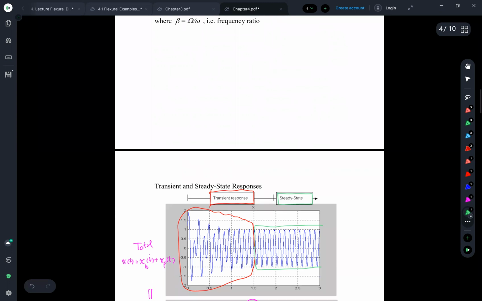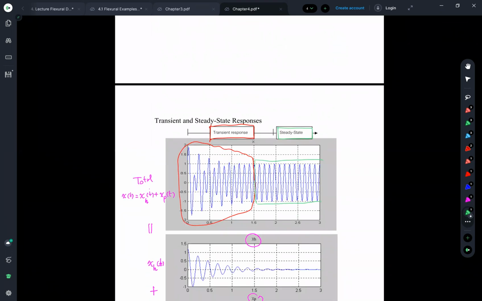But I try to show you this figure with some intention, because in this case I apply a very big initial condition. So the peak of the total response at the very beginning during the transient vibration is pretty high, compared with the vibration during the steady state.